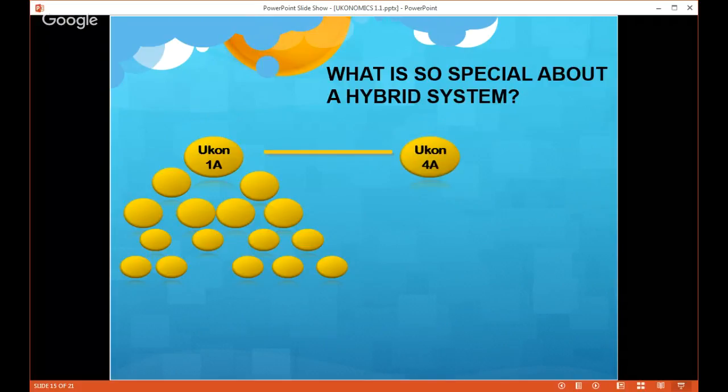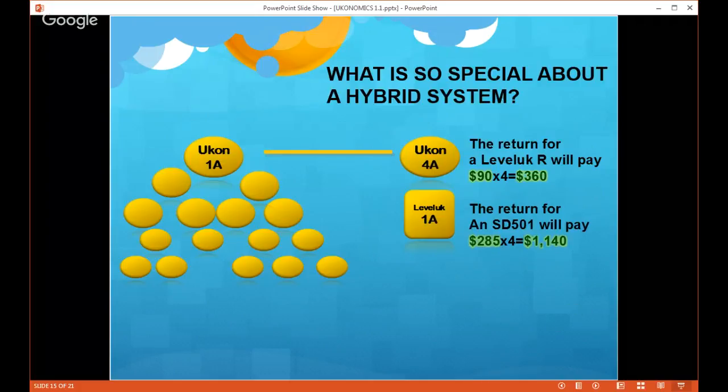In your 4A, go ahead and buy a water machine to level a car. Okay. And what essentially happens, because 4, remember, is the multiplier and A is the commission. So in your Ukon, you get 4 times 40, which is $160.